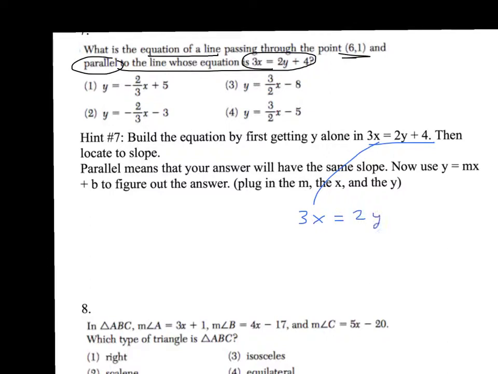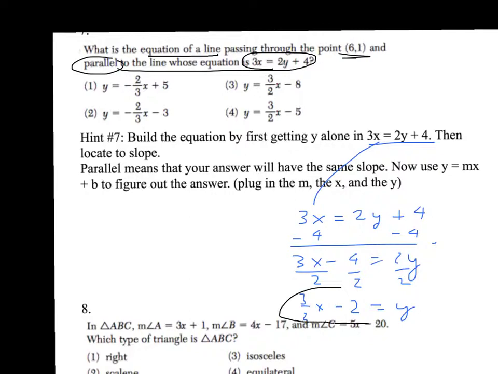When I get y by itself, I'll be able to figure out what the slope of the equation is. So you want to subtract 4 from both sides. That gets it started in the right direction, and then divide both sides by 2. This would give me 3/2 x minus 2 equals y.